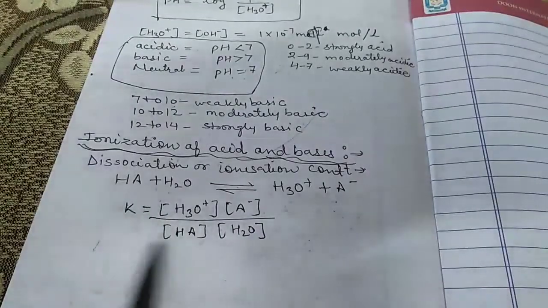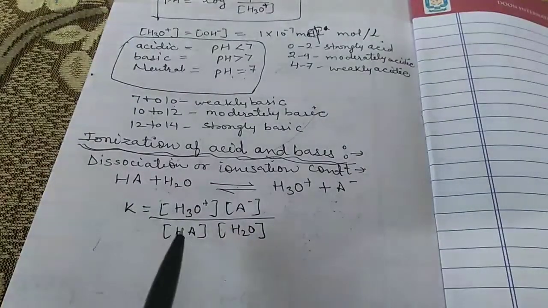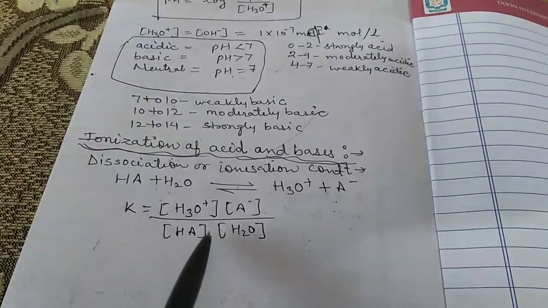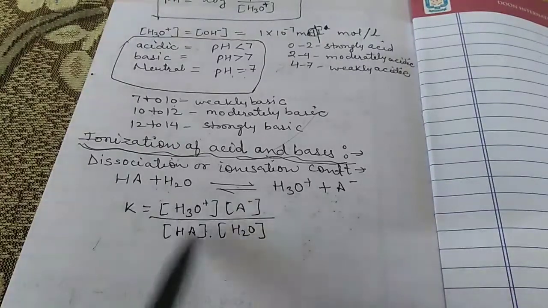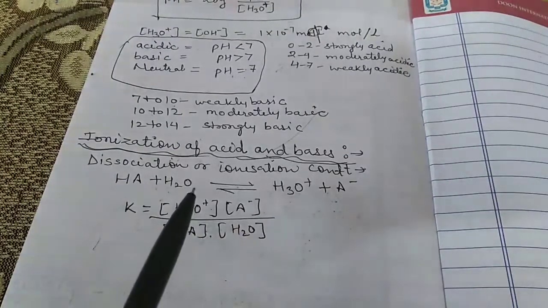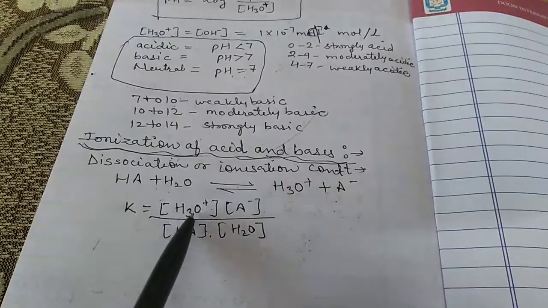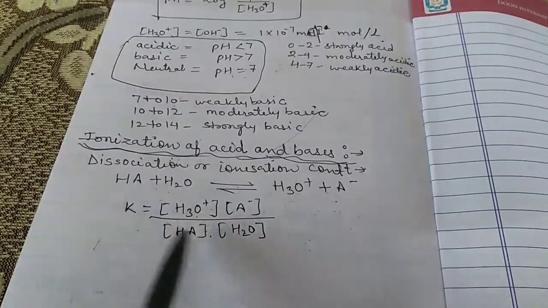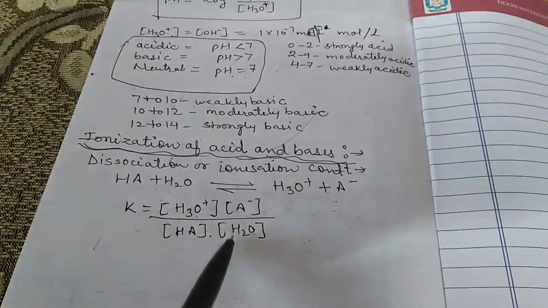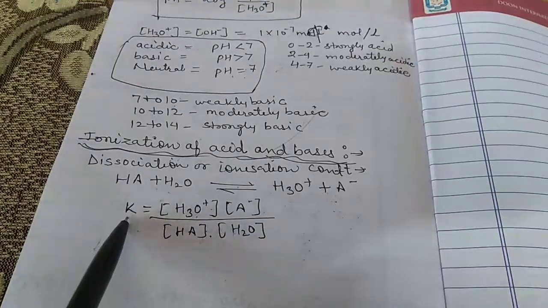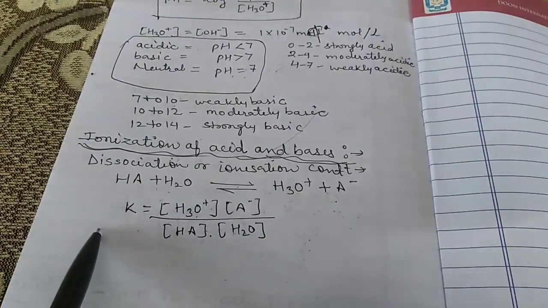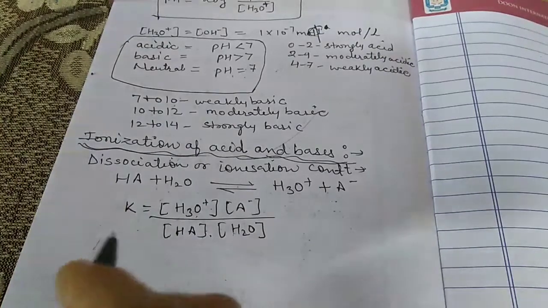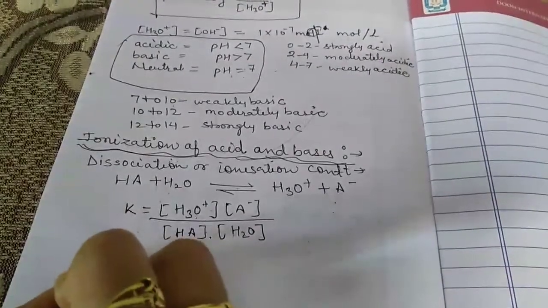We consider that water is present in large quantity, so its concentration practically remains constant, and the concentration of water may be combined with the K. We get another constant that is known as Ka.